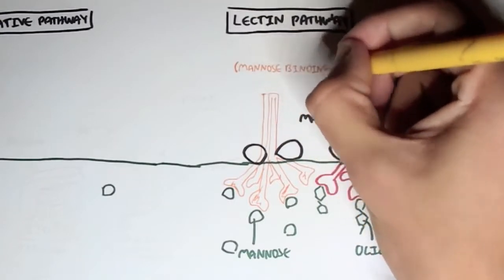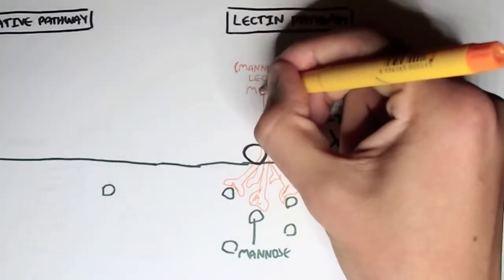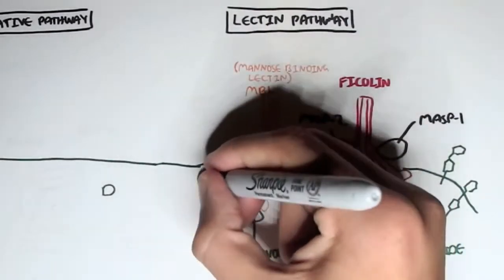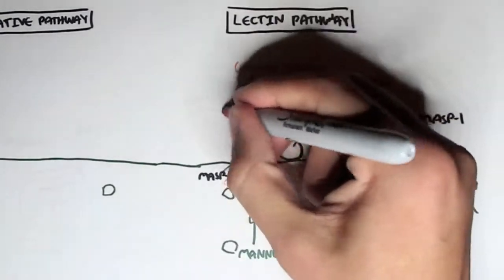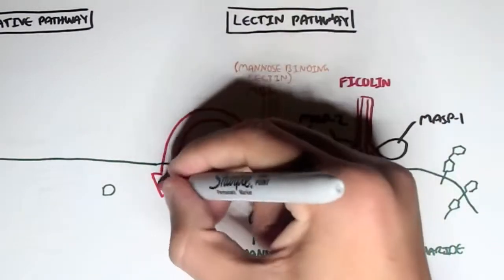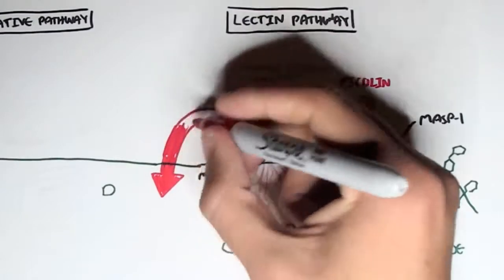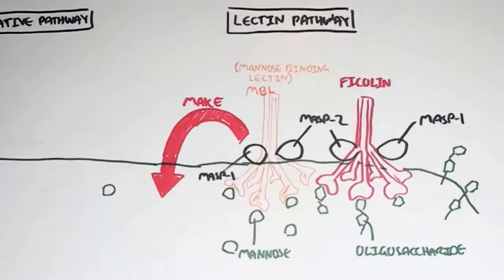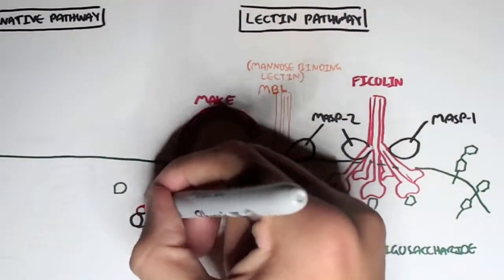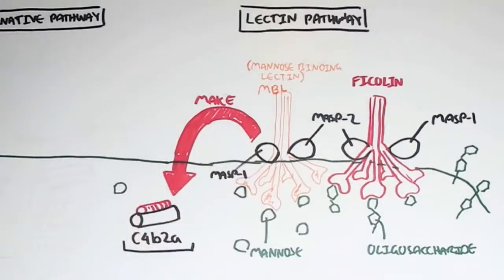Mannose binding lectin also comprises other proteins, MASP1 and MASP2, similar to ficolin. And MASP stands for mannose-associated serine protease. So there are two types, mannose-associated serine protease 1 and mannose-associated serine protease 2. Now essentially what ficolin and mannose binding lectin do with the mannose-associated serine proteases is that they also form a complement protein complex, exactly the same as the classical one, the C4b2a complex, also known as C3 convertase.